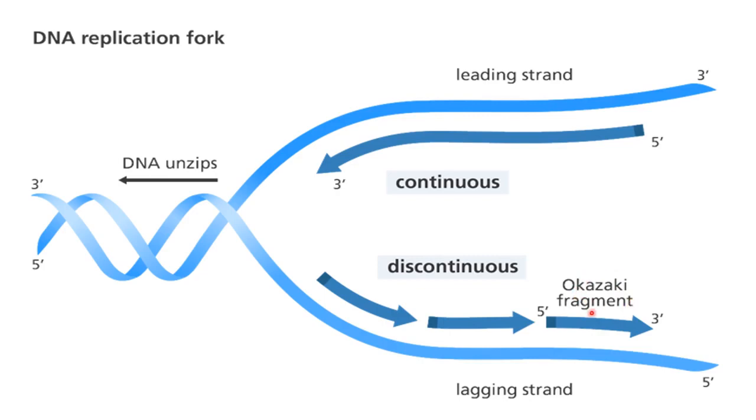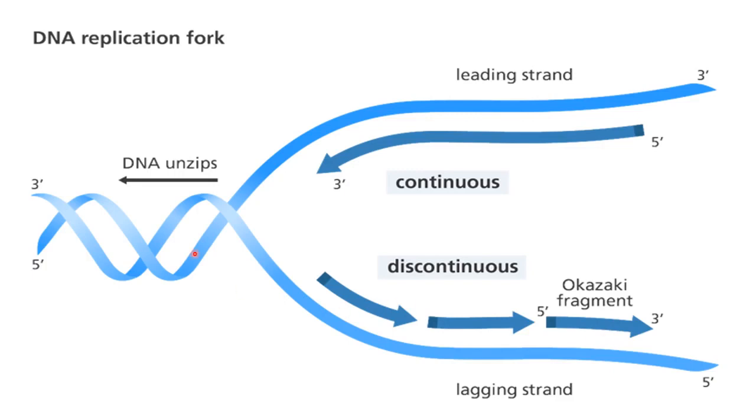This is the reason that one of the newly formed strands of DNA is continuous, and the other strand is discontinuous, having Okazaki fragments. Later on, these Okazaki fragments are joined by the enzyme DNA ligase, and this strand will also become continuous.